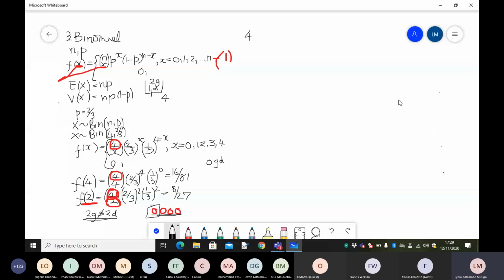I think what Wambua is asking about is this part here, n combination x. That is the first term of the expression. These combinations and permutations are a topic in calculus known as permutations and combinations.